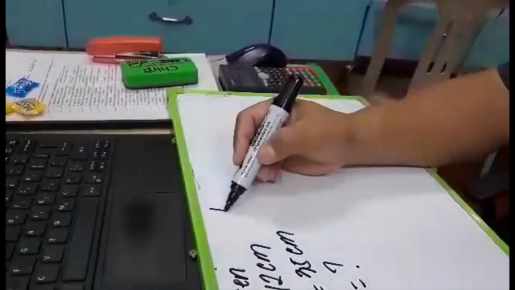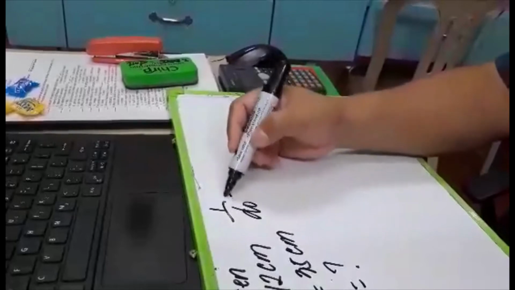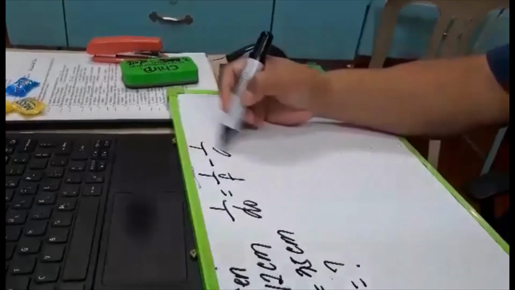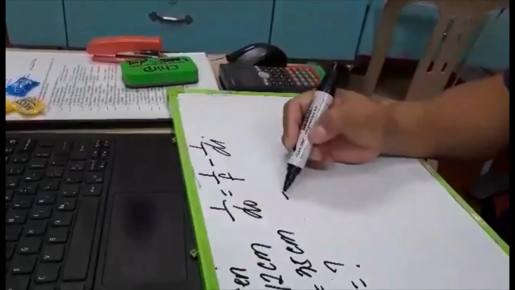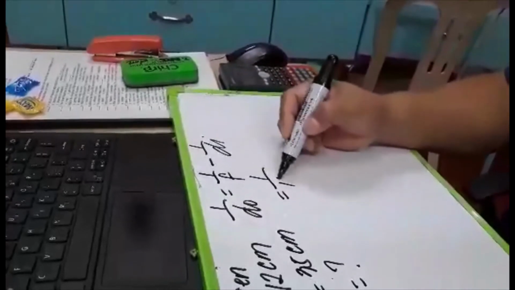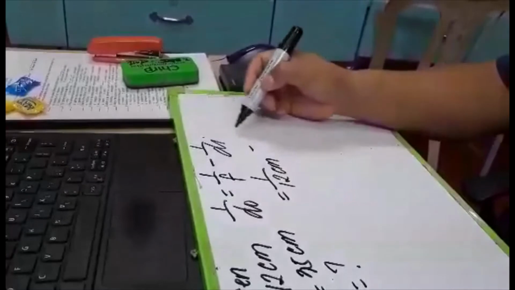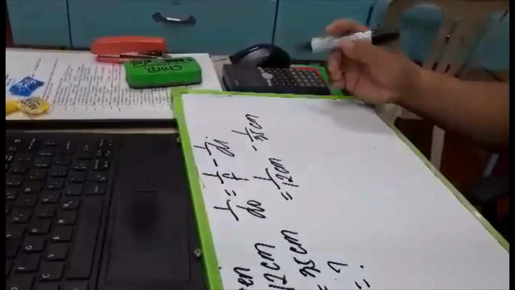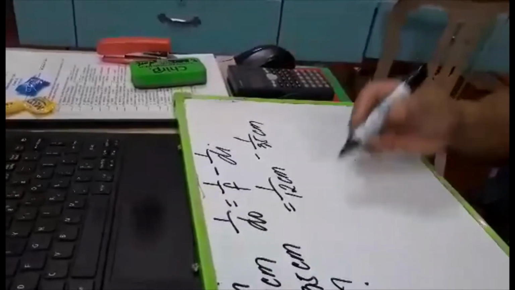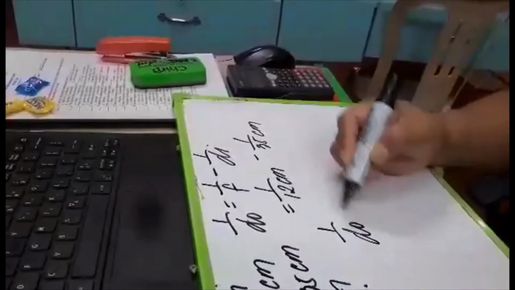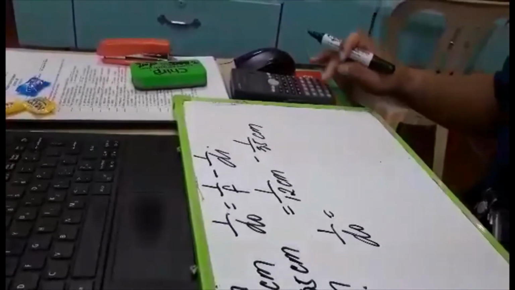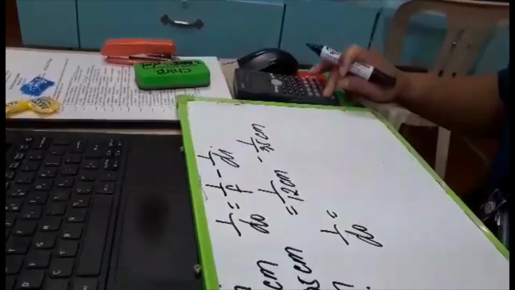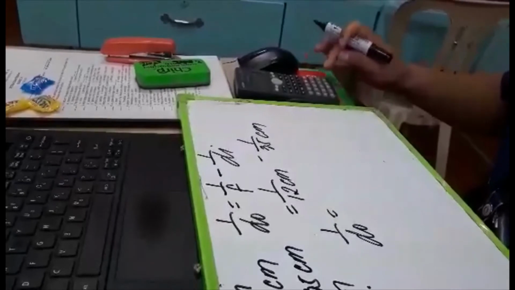So we have here 1/DO is equal to 1/F minus 1/DI. Substitute po natin 1 over 12 centimeters minus 1 over 35 centimeters. So gawin po natin. So 1/DO, so 1 divided by 12 minus 1 divided by 35.